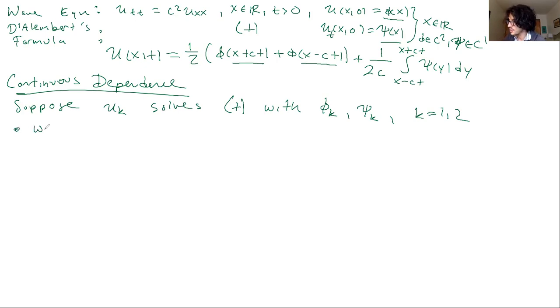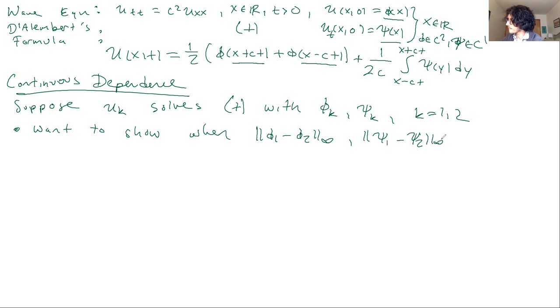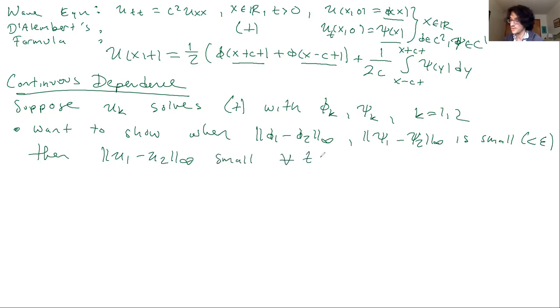We want to show that when the difference between this initial data is small, in other words, less than some small parameter epsilon, then the difference between the solutions should be small, okay, for any t greater than 0.